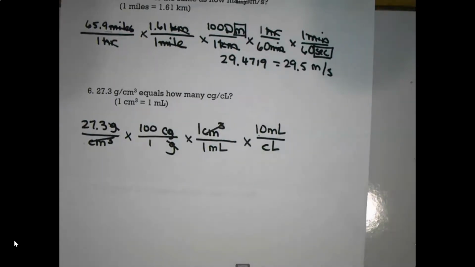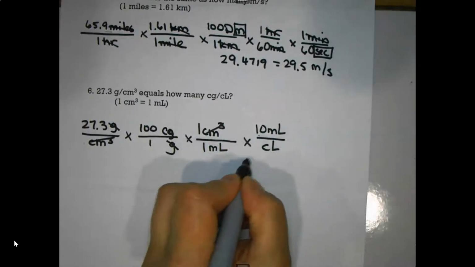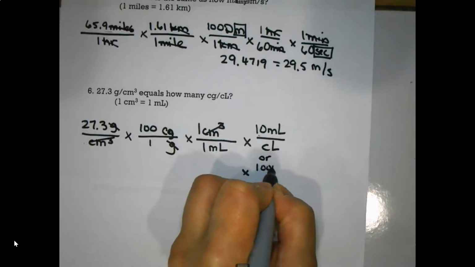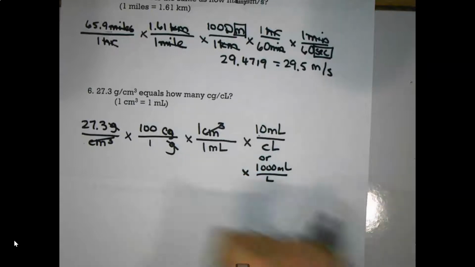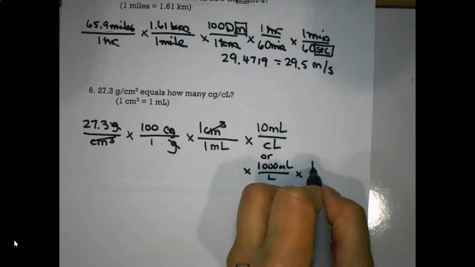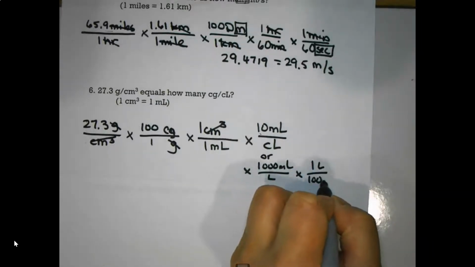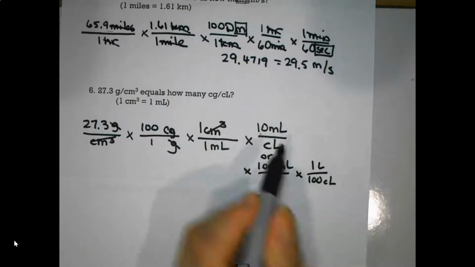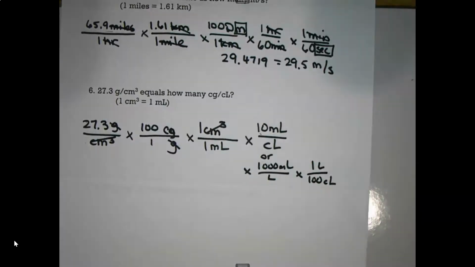Your other choice is to go to the base unit. Okay, so you could do 1,000 milliliters per liter, because that's one of the conversion factors you need to know. And then you could do 1 liter per 100 centiliters, and that takes care of both of those units. So either way is okay with me.